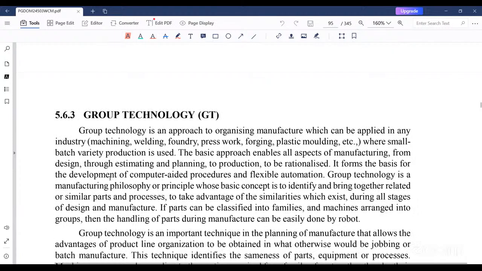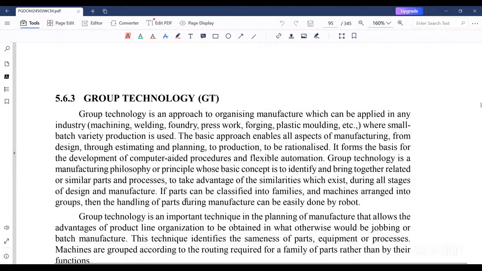Group technology is an approach for organizing manufacturing, which can be applied in any industry like machining, welding, foundry, presswork, forging, or plastic molding, where small batch variety production is used. The basic approach for all aspects of manufacturing, from design through estimating and planning to production, is to be rationalized.